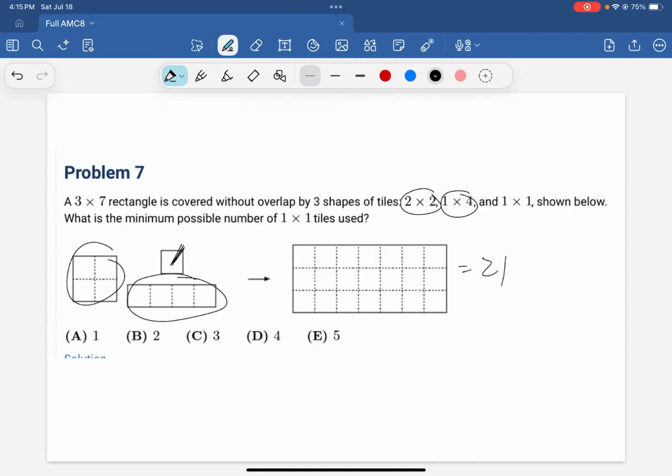And 21 has a remainder of 1 divided by 4, 1 mod 4. And so now this eliminates 2, 3, and 4.